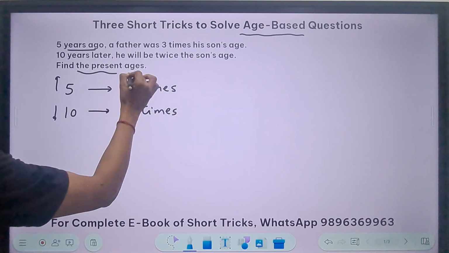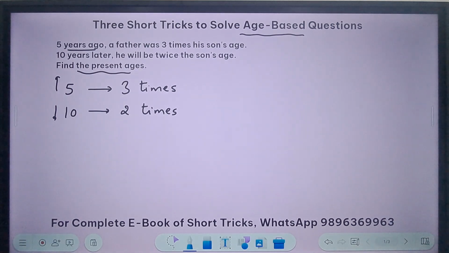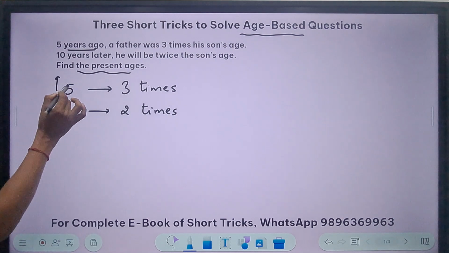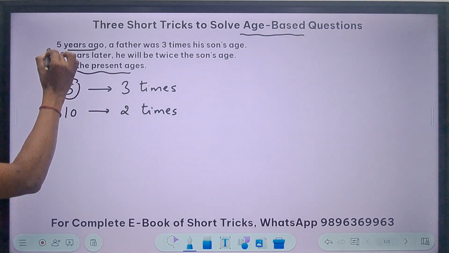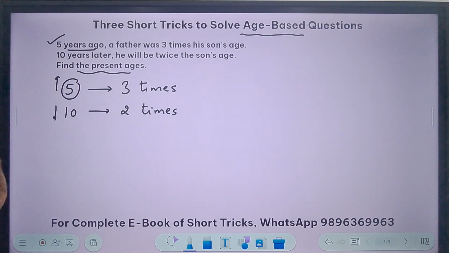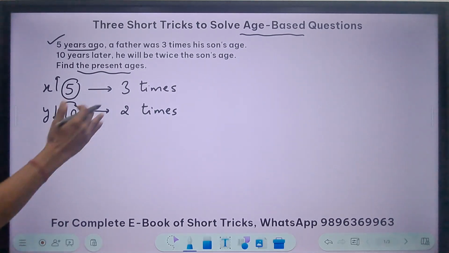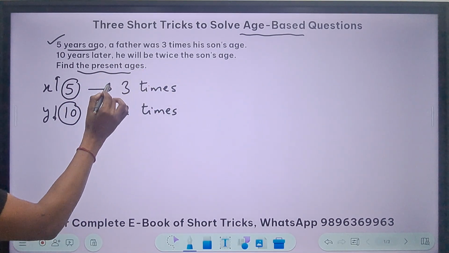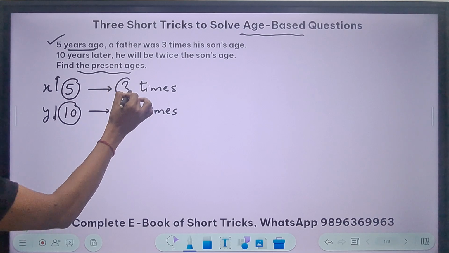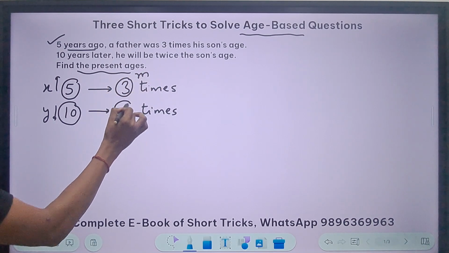Now we need to find the present ages. Using these 4 variables which are given in the question, if you assume that this 5 years ago, the 5 here is x, and 10 years later this is y, and how many times it is given? 3 times in case of ago. So let's consider this as m and this as n.